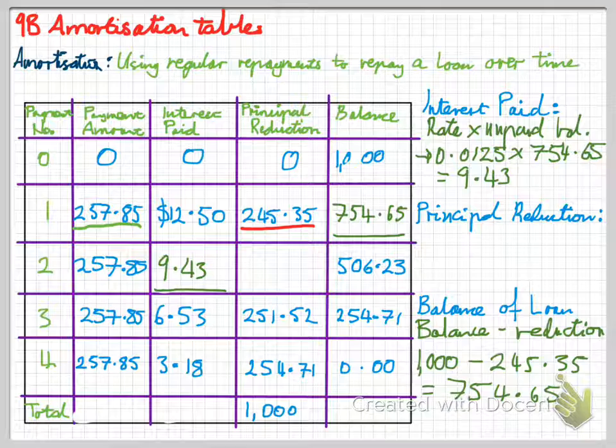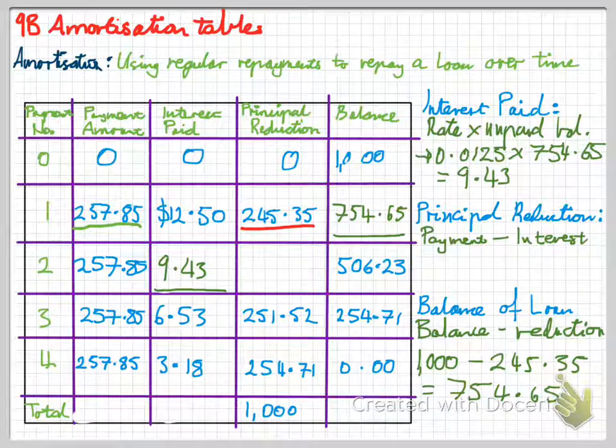Then principal reduction, next step. The principal reduction is given by the payment minus the interest paid. Because if you have the payment and you take away what you paid in interest, then the rest of that money is coming off the principal of the loan, or that initial balance. So we'll look at this square here for the principal reduction.